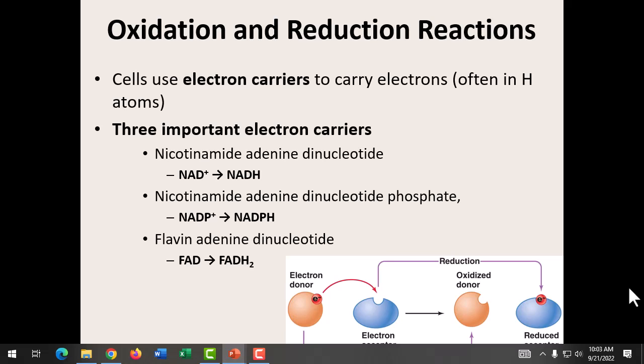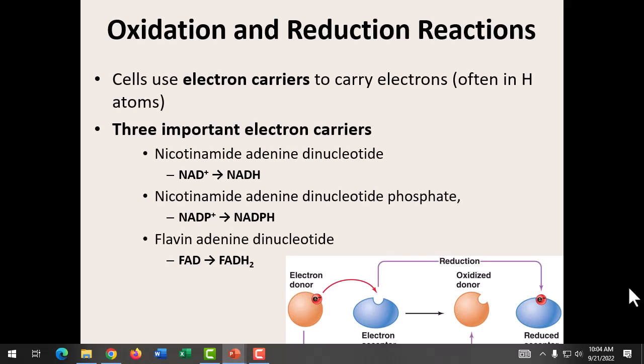And the 3 important electron carriers, no way would I ever know the names. I don't even think I could spell them or write them out. I just want you familiar with their acronyms, because you will see these. The 3 most important electron carriers are NADH, NADPH, and FADH2. Before they picked up the electrons, this is what they were called.